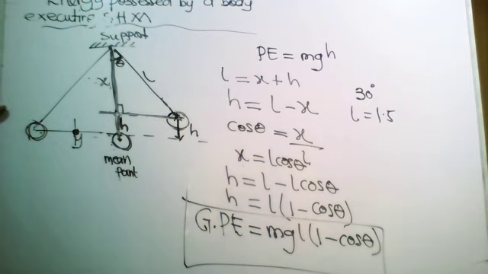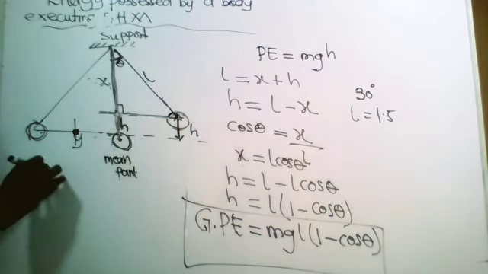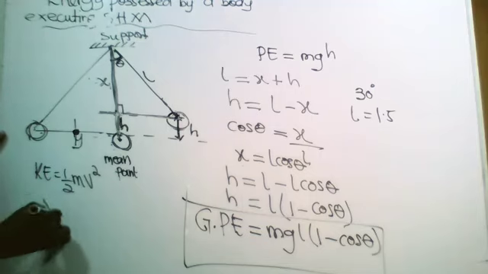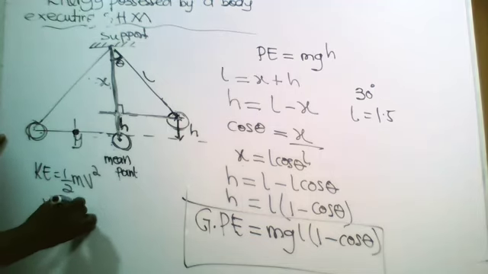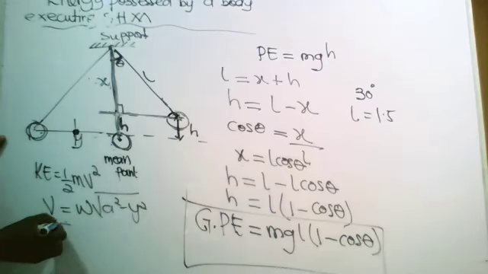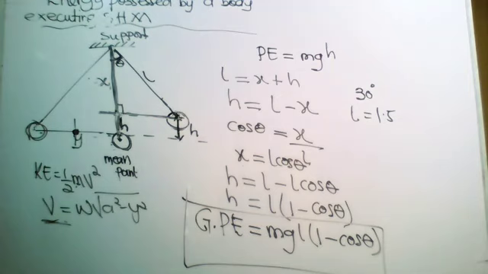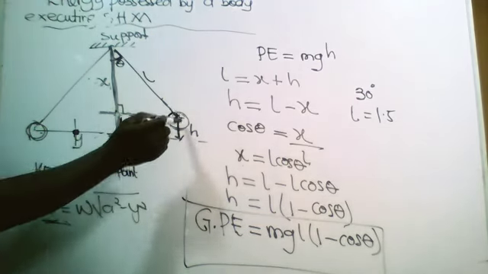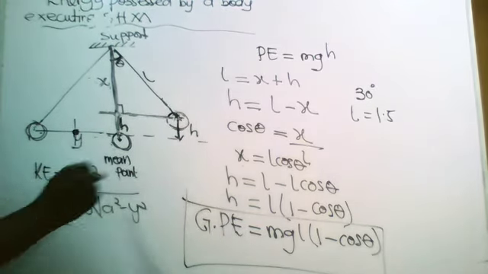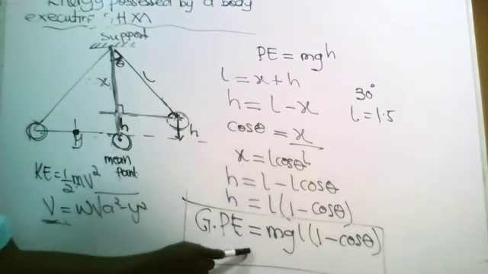Yes, please. As for its kinetic energy, KE equals half mv squared, knowing v to be equal to omega times the square root of a squared minus y squared. When you find v, you can easily determine the kinetic energy. So the total energy possessed by the body at any point must be equal to its kinetic energy plus its potential energy.